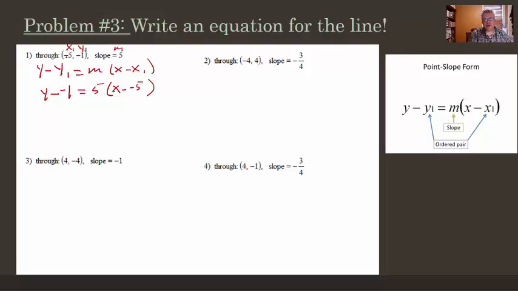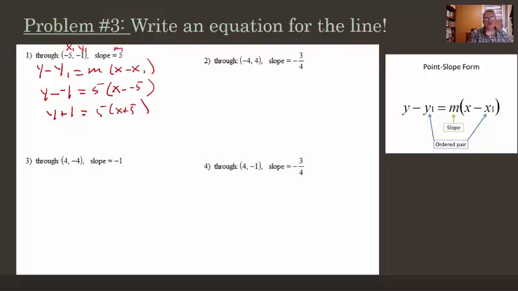Okay, so we plugged -5 in here, -1 in there, and 5 in here. Now, when you subtract a negative number, it's the same as adding a positive number, so we're going to make things easier right away by changing these minus and negatives into positives. And actually, we have an equation of the line.